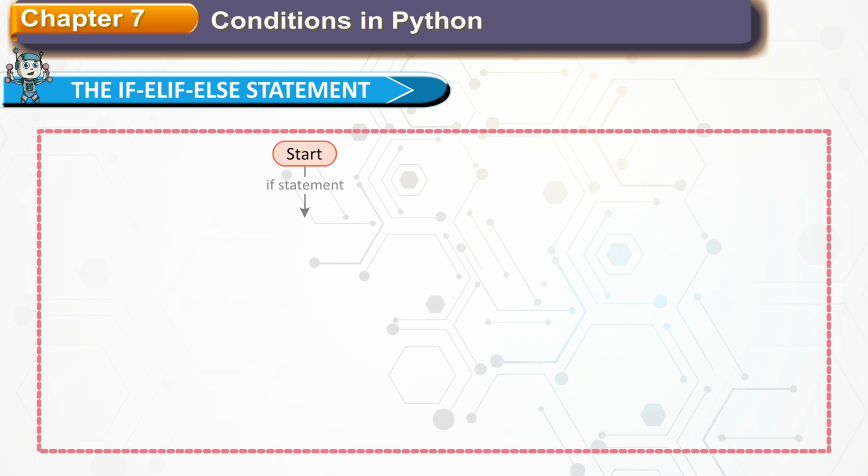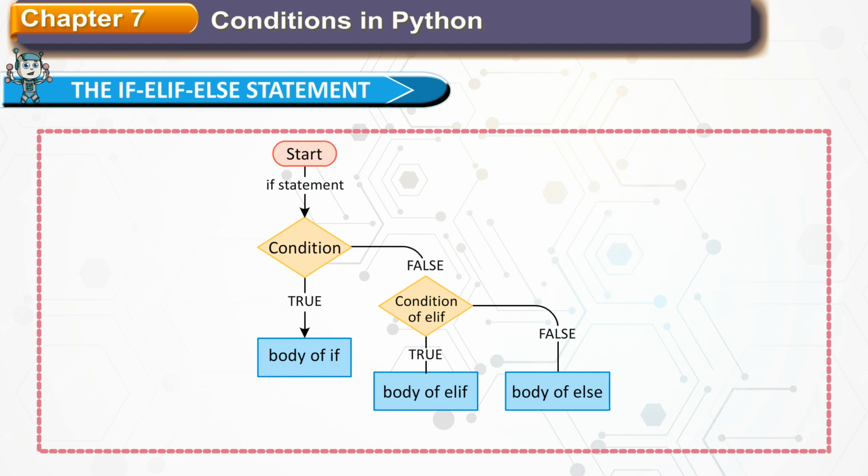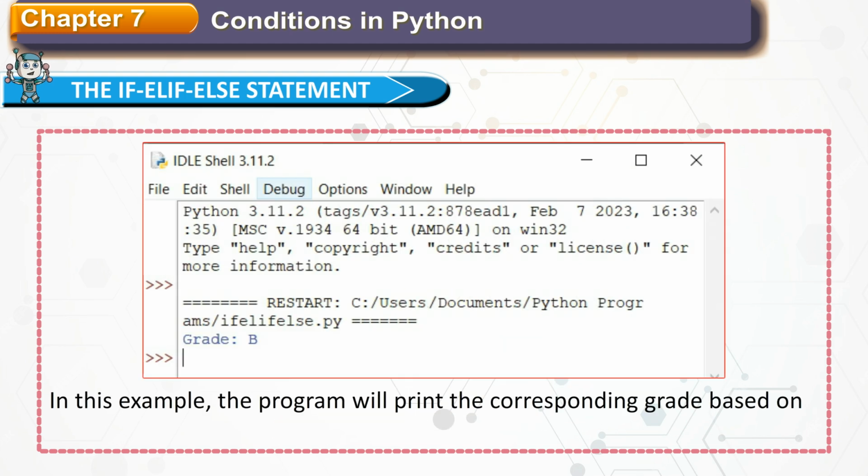Start. If statement. Condition. True. Body of if. False. Condition of elif. True. Body of elif. False. Body of else. End. In this example, the program will print the corresponding grade based on the value of the score.